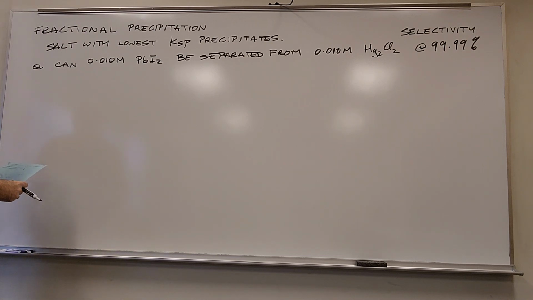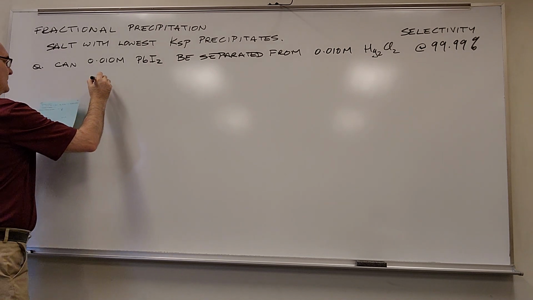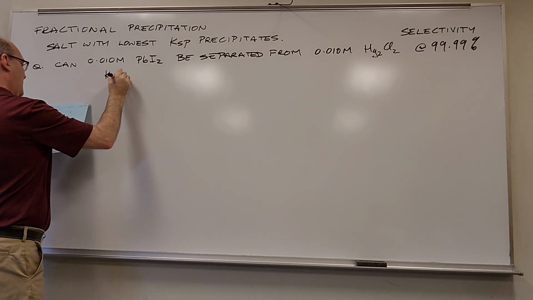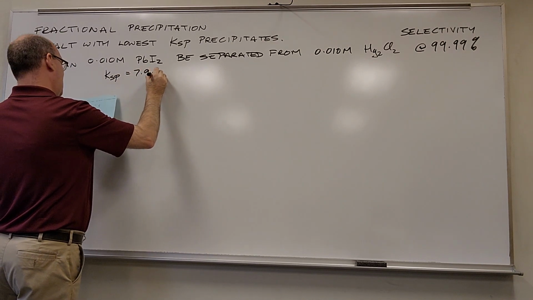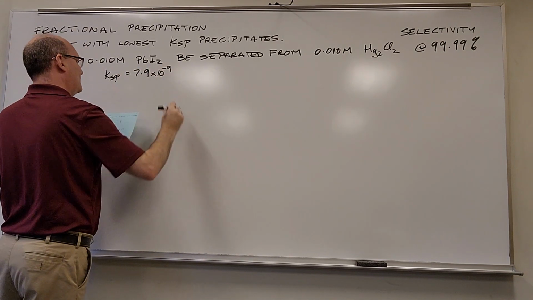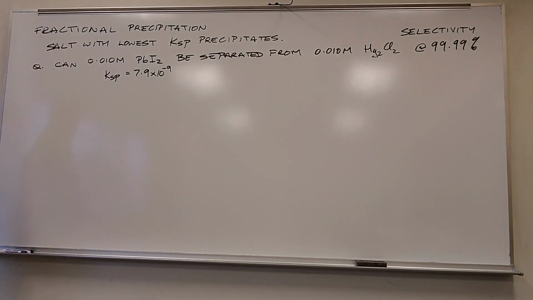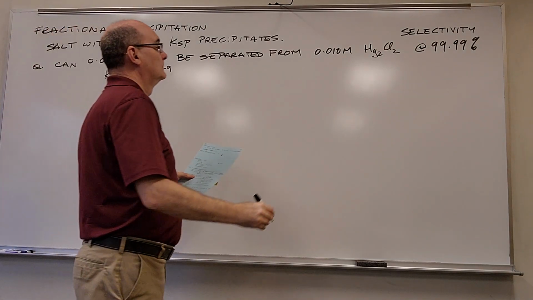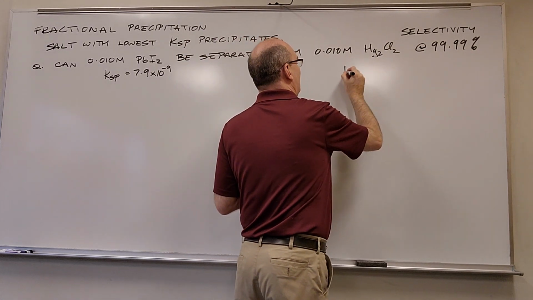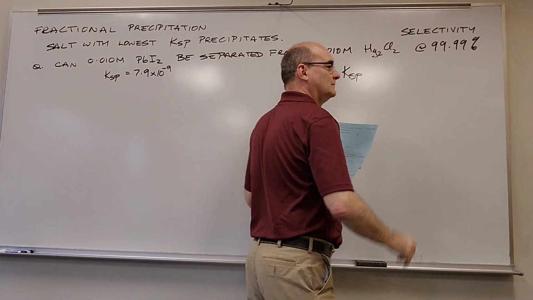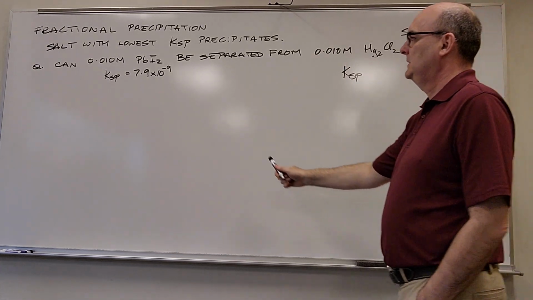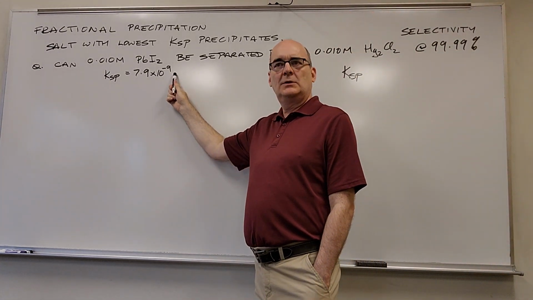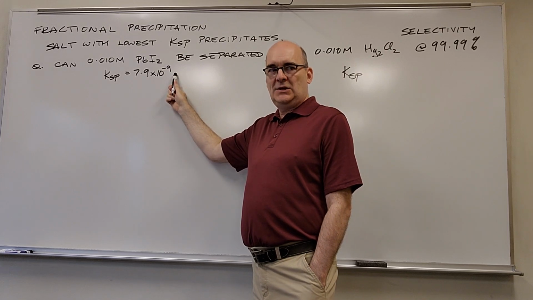Okay, we need a couple of pieces of information. KSP for lead iodide is 7.9 times 10 to the -9. Comment on the magnitude of KSP? It's small. That is 10 to the -9, which is 1 billionth.